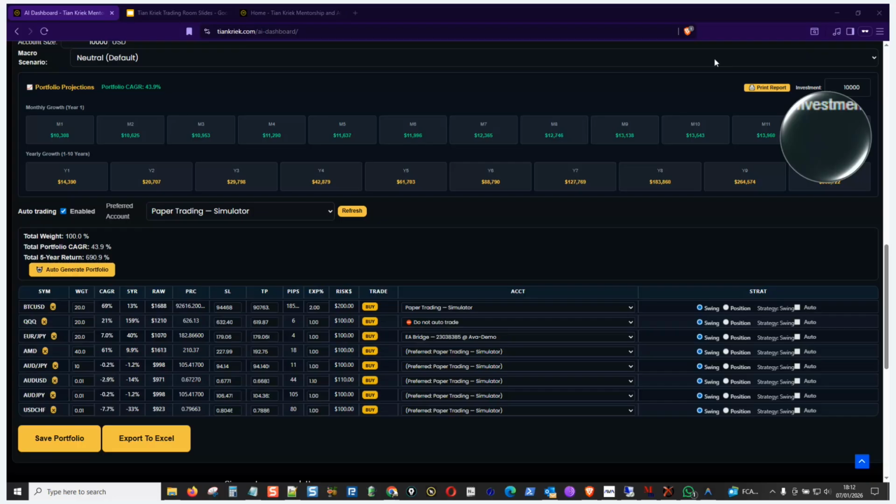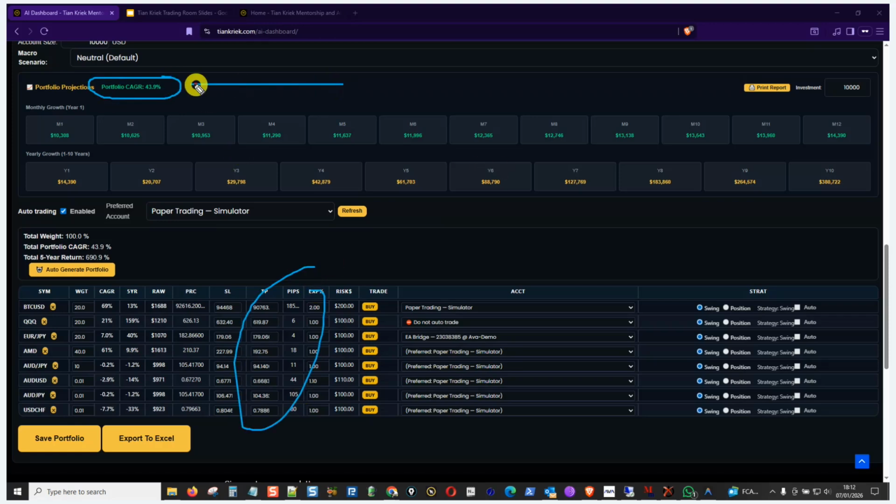Okay, now we are risk on, so the yields are quite extravagant at this point, due to the fact that we are still going to see the last leg play out of the 18.6-year cycle. But if you want to print this for reference, so here we have the whole portfolio compound annual growth rate at 43%. So according to this portfolio, I can expect to make that by the end of this year.